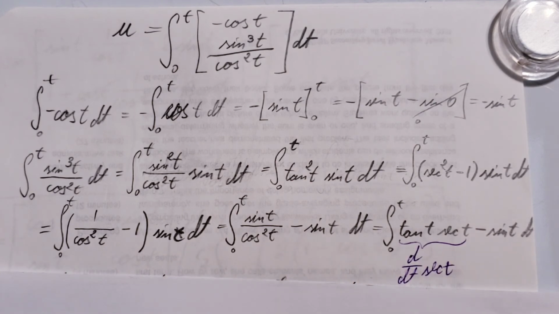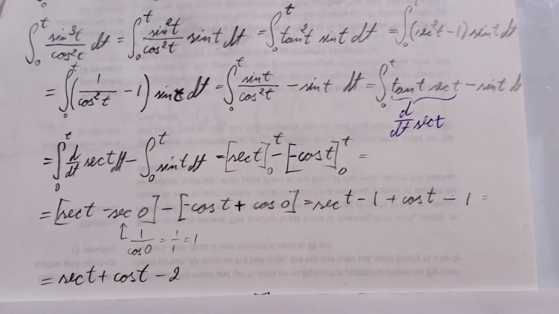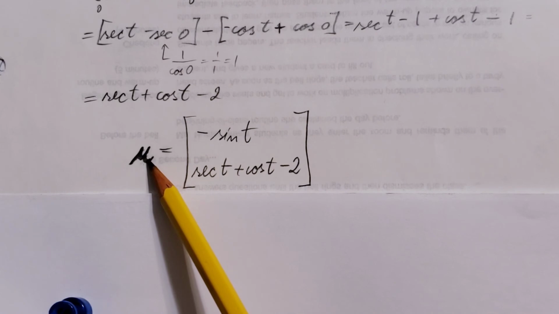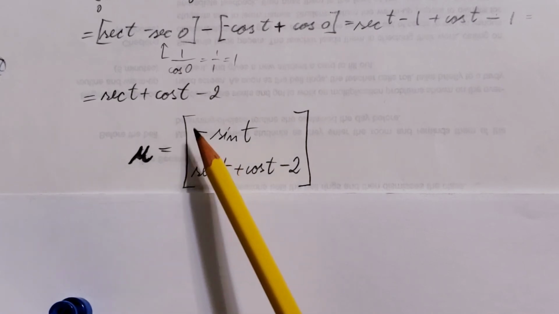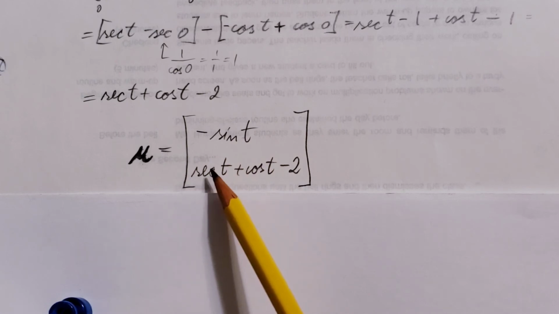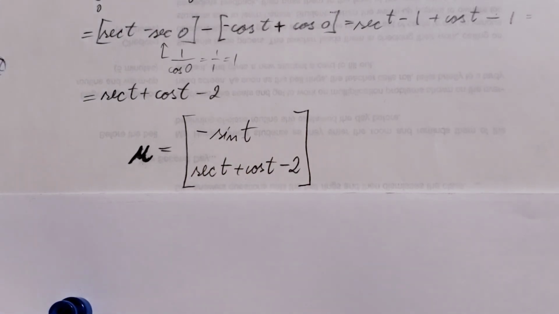Pretty long integration. And then some more and more and more, and after you feel like you aged about 10 years, you finally get to the end of it: secant t plus cosine t minus 2. And now we can finally write up our u matrix, which is negative sine t from the first integral and secant t plus cosine t minus 2 from the second integral.